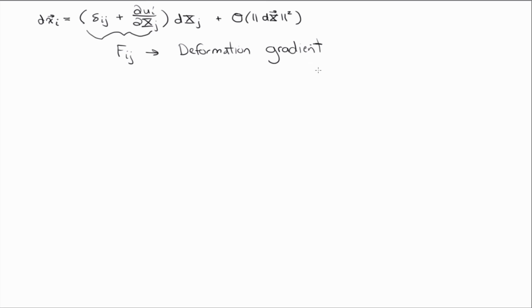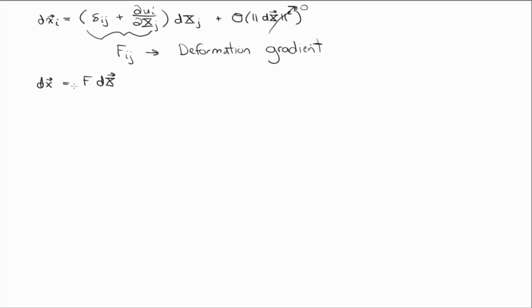And first order because we're ignoring higher order terms. Because this is an infinitesimally small vector, it's a good approximation to just ignore those higher order terms, right? And so we're left with this equation, or if we write it in vector form, d little x is equal to F d big X, where d little x and d big X are vectors, and F is a matrix.